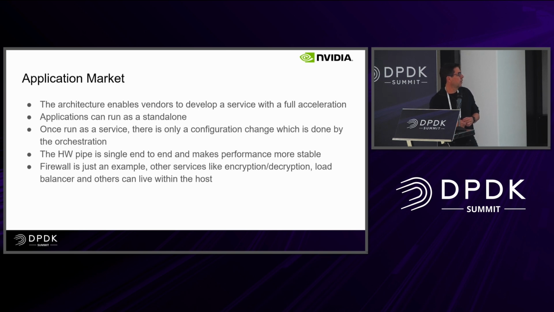Okay, so our hardware pipeline is end-to-end. There is no changing in direction, which means the best latency, the minimal scheduling effort, and the best performance. As I said, firewall is just an example for that. There are other things that could be done: load balancer, encryption, gateway.